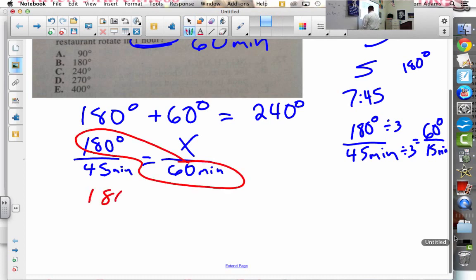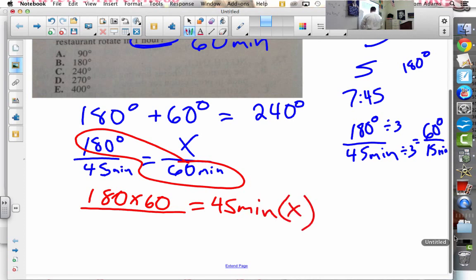So you get 180 degrees times 60, right? And that would be equal to 45 minutes times X. So you've got this in degrees divided by 45 minutes, because that's what you would do next.